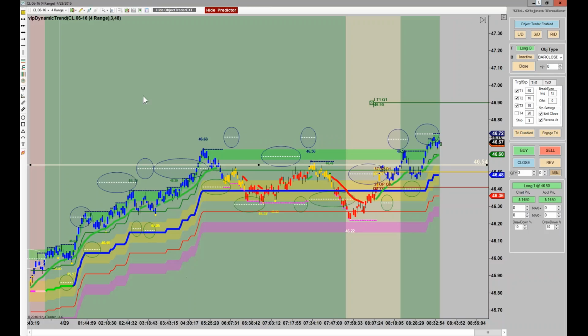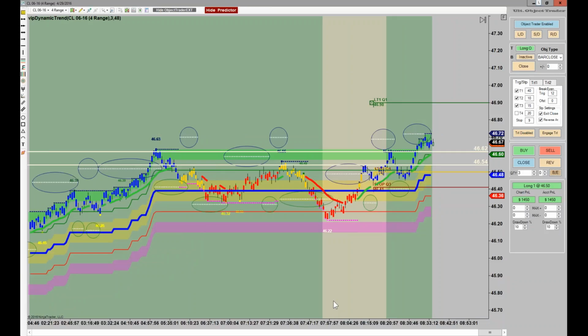This would be shallow right here, like so. Everybody see that? And usually when you take those like that, you want to be real careful because that's already thrust up. But see how it hit that line almost on the money? It'll usually come right down and check it.